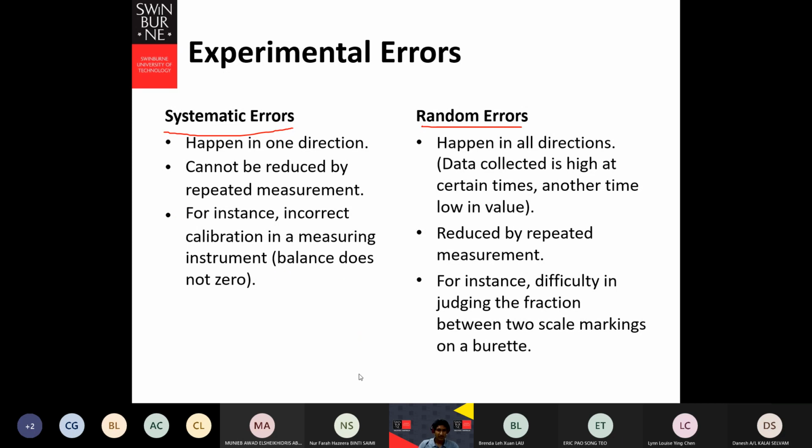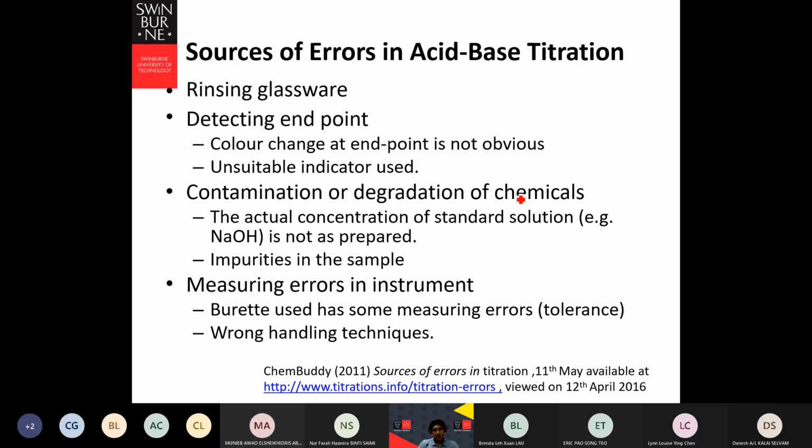Standardize our instrument and calibrate it. Sources of error: rinsing the glassware. If we do not rinse it properly, the error will occur. Detecting the end point: if we have a vision problem, or if the glass is not transparent and we cannot see it clearly, we will not be able to detect it, and an error will occur.